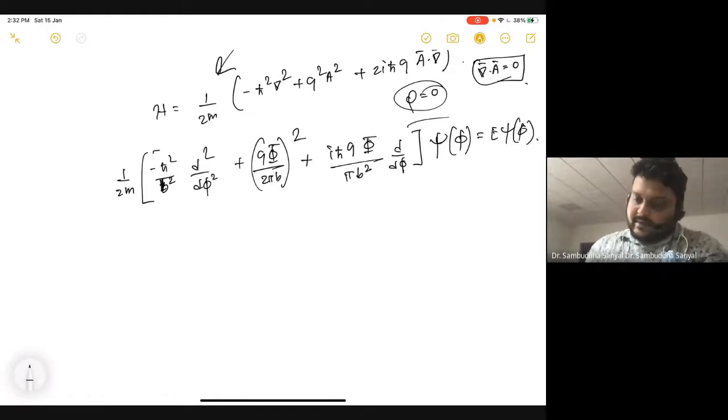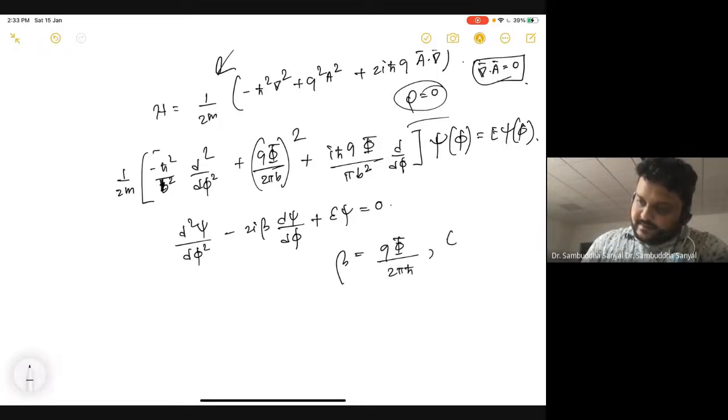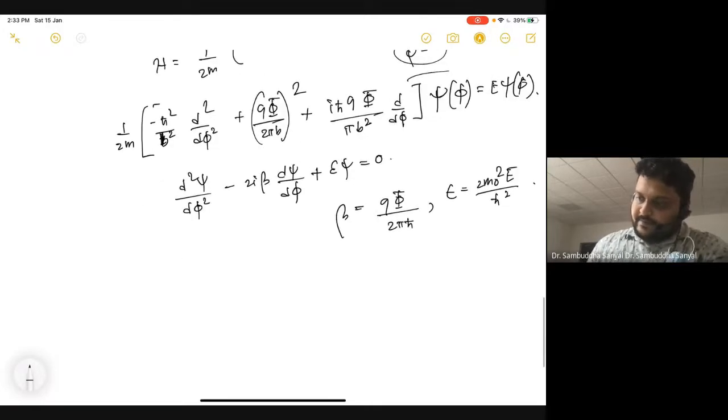Okay. Now I can massage this equation and make it sleek. So it becomes d2 psi d phi 2 plus 2i beta d psi d phi plus, where beta is q phi by 2 pi h bar, minus beta square.